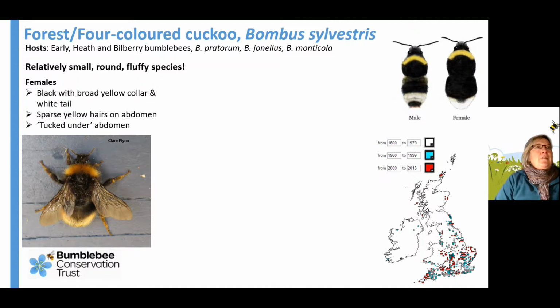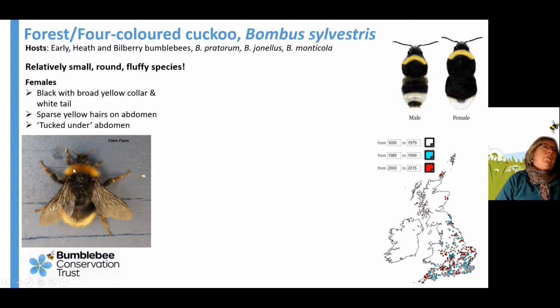So this is a female sylvestris, and you can see she is indeed rather fluffy and has rather a rounded appearance. They're pretty much all black, although in addition to the yellow collar, she may have a few yellow hairs around the midriff region at the top of the abdomen, but not very significant at all.